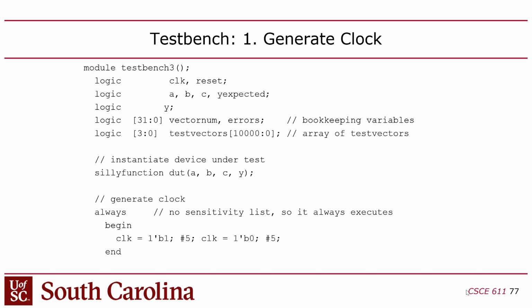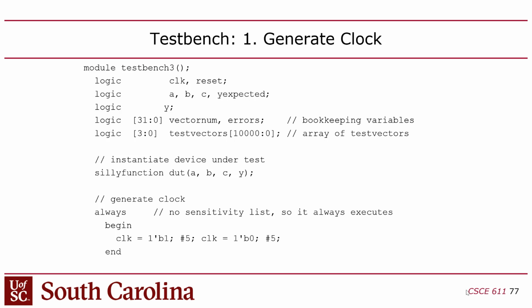Now, Charles ran into some issues with this in lab last week, because he used an always without anything after it in an example. He was building combinational logic, but he didn't use always underscore comb. He used always, and it ended up hanging the simulator.